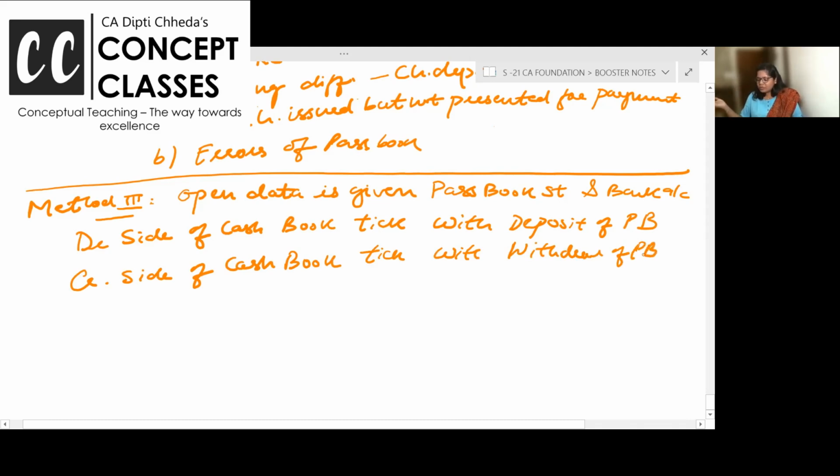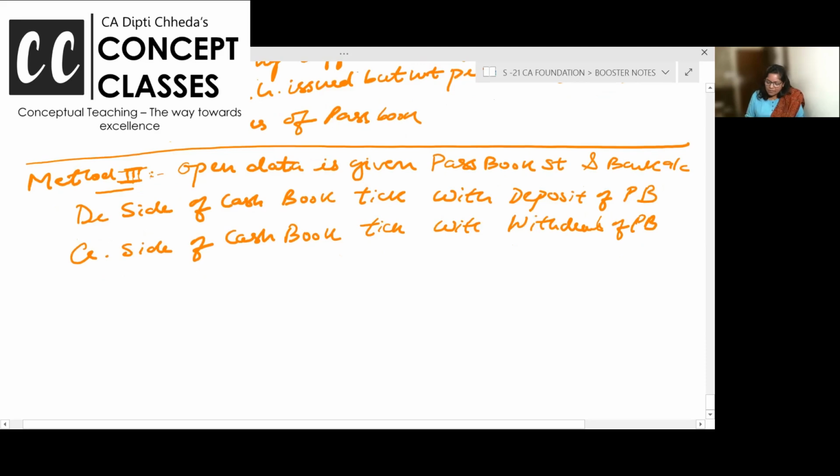Credit side of the cash book, tick with withdrawal of the passbook. Unticked items will come in BRS. So beautiful this is. Unticked items will come in the BRS.